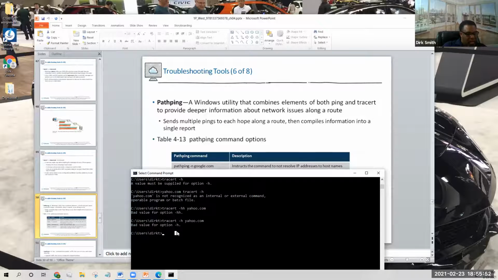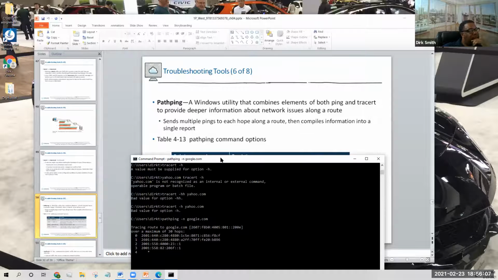Let's see. Pathping -n. Yeah, that one worked. Why didn't tracert work? Interesting. So it's telling you how many hops it's taken to get to the destination. So it's how many hops.